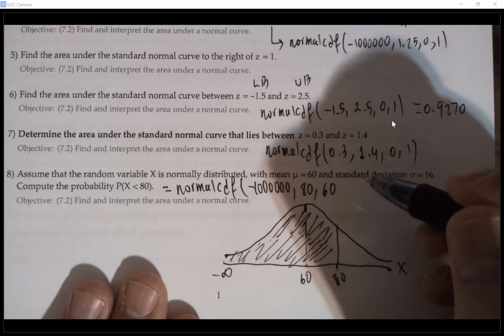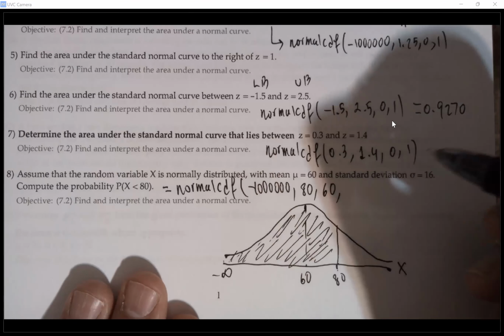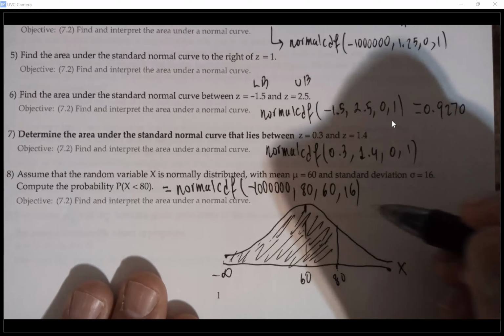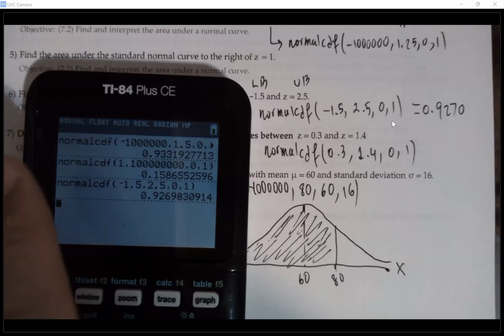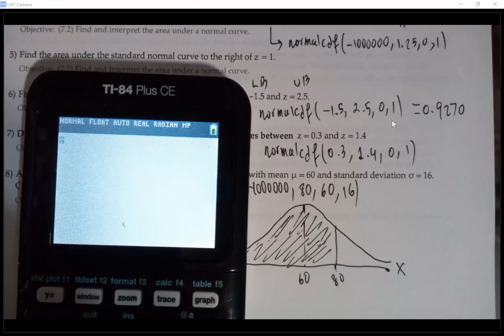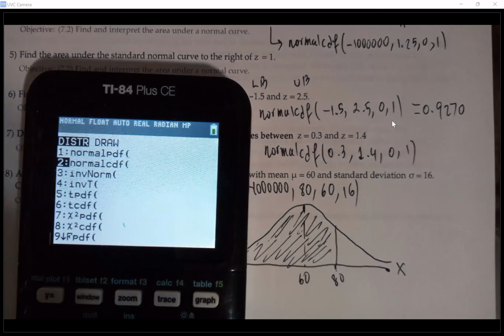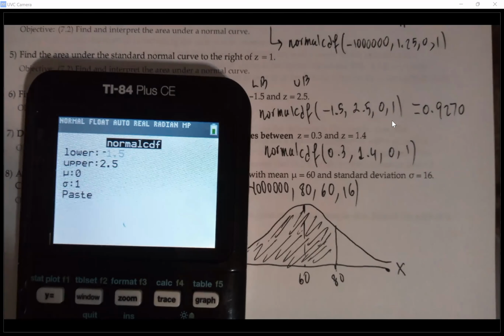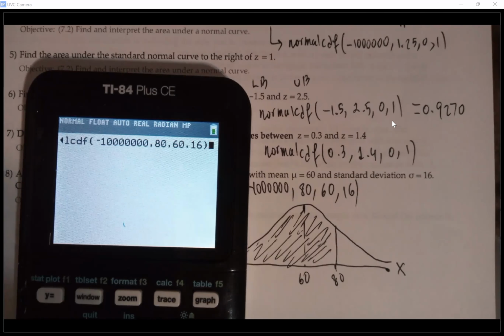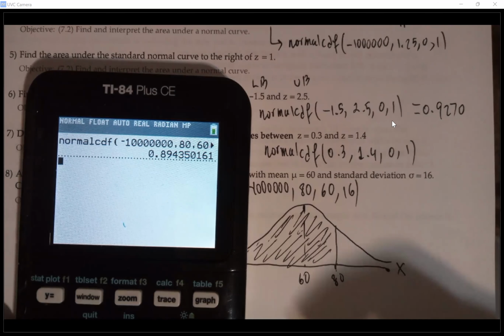See, no 0, 1 here because we're working with x, and standard deviation is 16, and let's see what the answer is. Negative a million, 80, 60, and then 16. I think the answer should be more than 50% because I shaded more than 50%, as you notice. 0.8944.